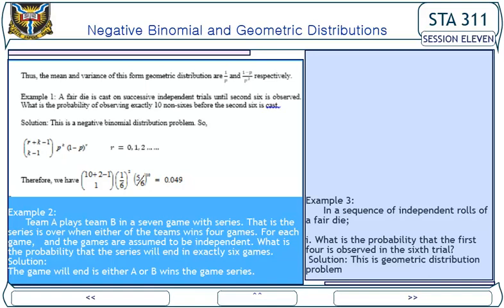Example 1. A fair die is cast on successive independent trials until the second 6 is observed. What is the probability of observing exactly 10 non-6s before the second 6 is cast?